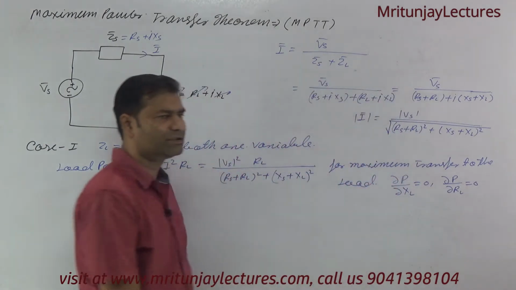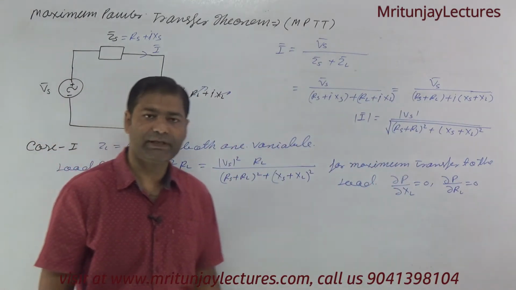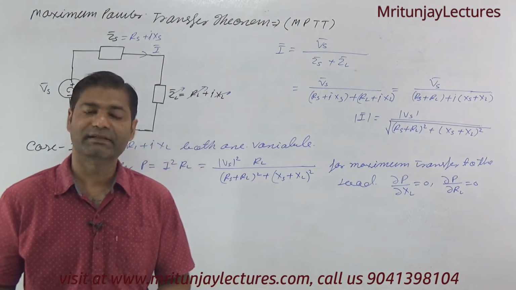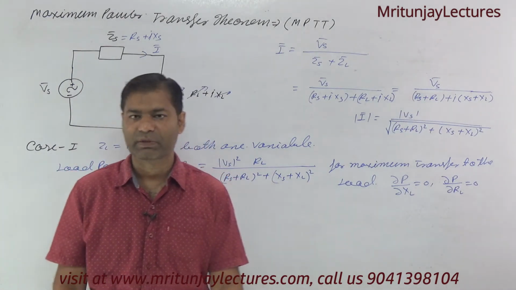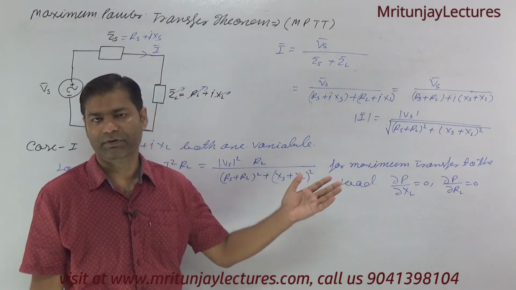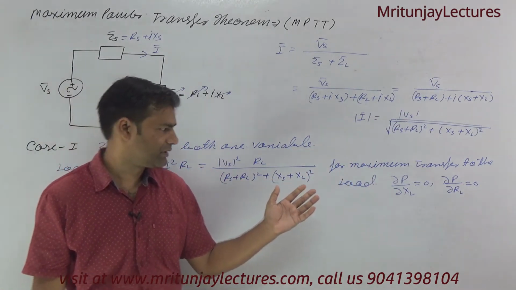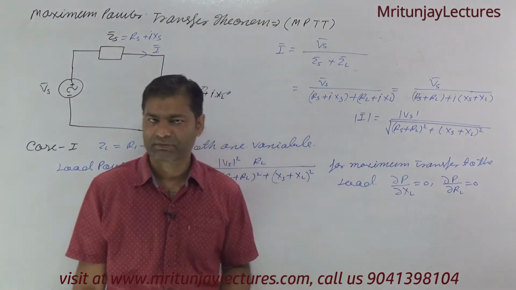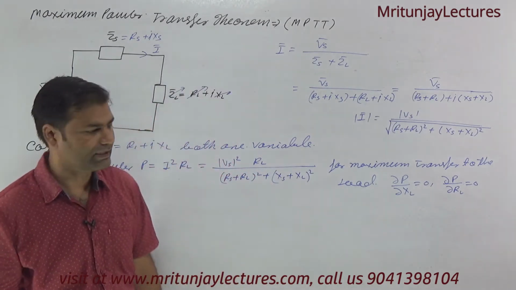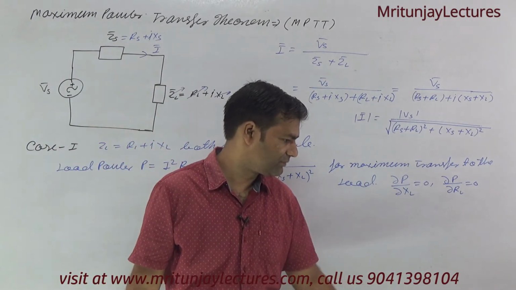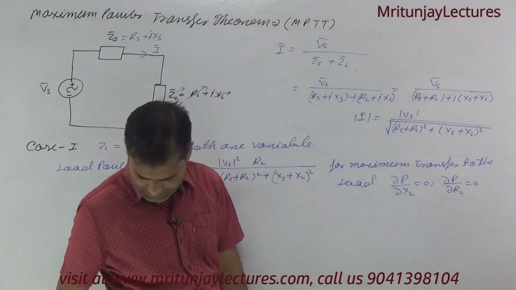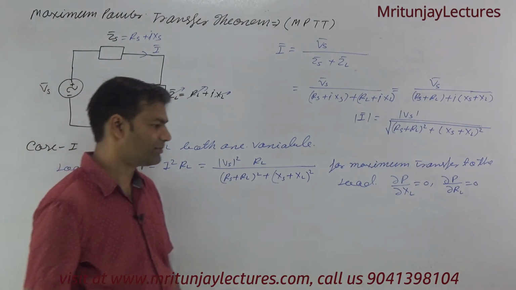I know that in mathematics, if f is a function of x and y, and x and y both are variable, then to determine the maximum we take the differentiation of f with respect to x, and again with respect to y, both equal to 0. Then find x and y. Clear or not? If anyone feels doubt about that portion, then tell me, sir, I face a problem.